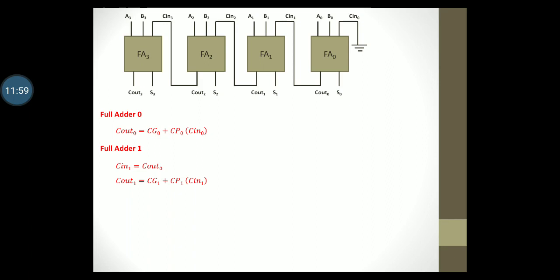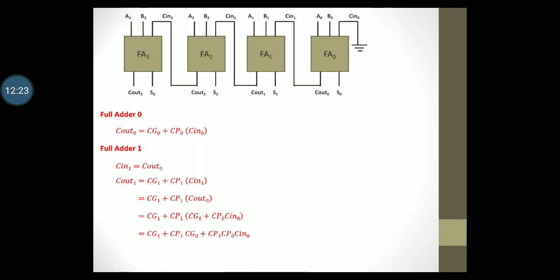But you know that Cin 1 is equal to C out 0. Thus the equation can be rearranged as CG1 plus CP1 into C out 0. Substitute the value of C out 0 and open out the brackets. We get the equation as follows.